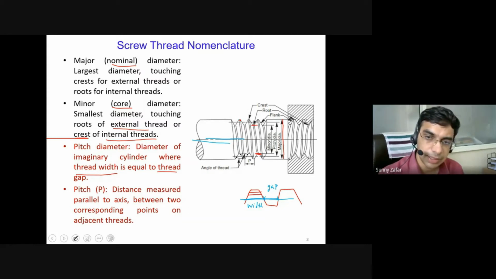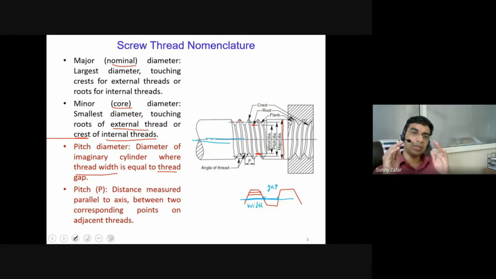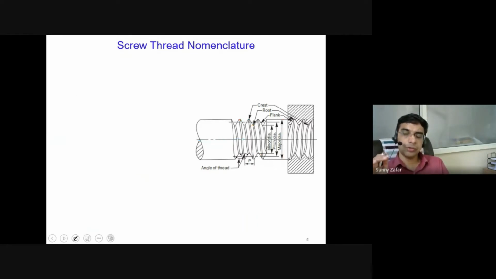It is either the distance between two crests or the distance between two roots of the adjacent threads. Pitch is also important because pitch basically decides if the threaded fastener is of coarse nature or of fine nature, and pitch is of course used in nomenclating these threaded fasteners.